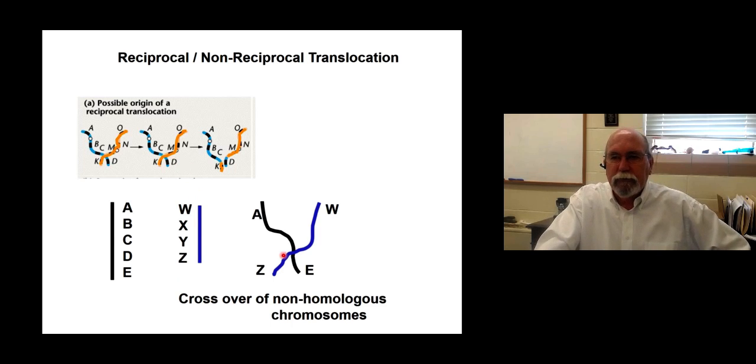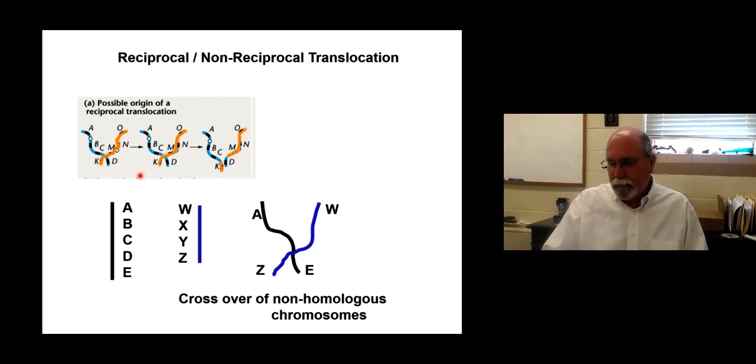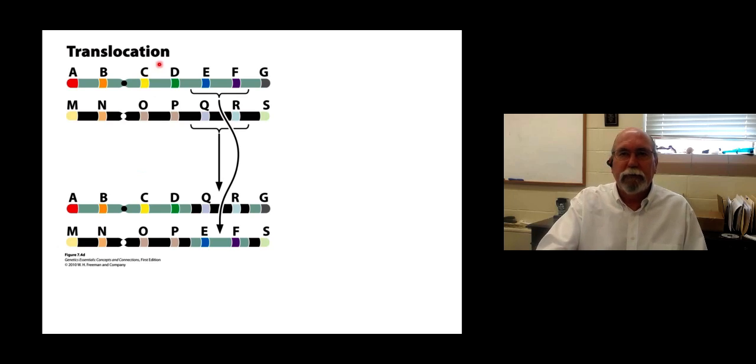A reciprocal translocation is where part of the first chromosome and part of the second chromosome that we're working with, these non-homologous chromosomes, actually exchange material. So the one you're looking at here would be called a reciprocal translocation because they reciprocated, right? One chromosome gave up some part, but picked up another part. The other one picked up a part and gave up a part.